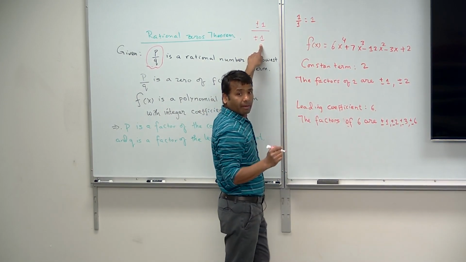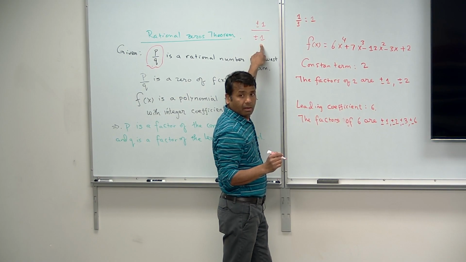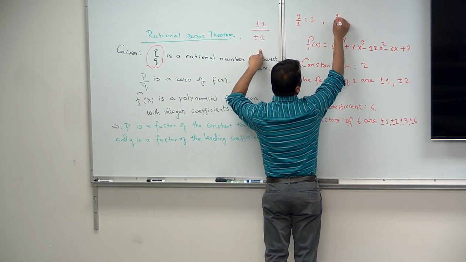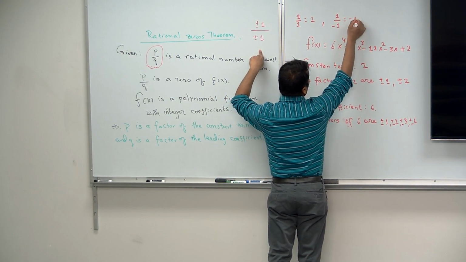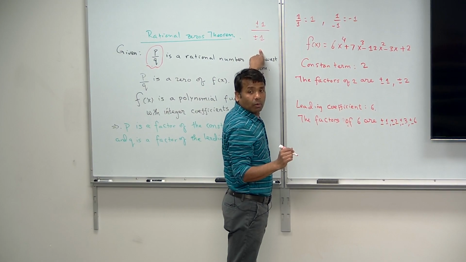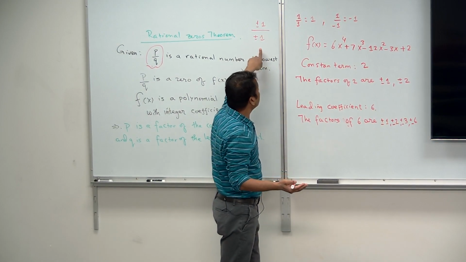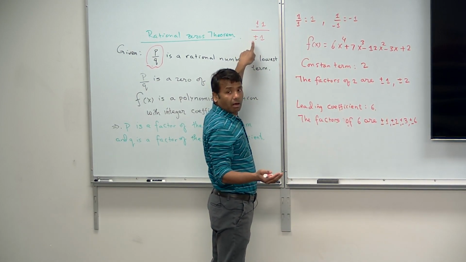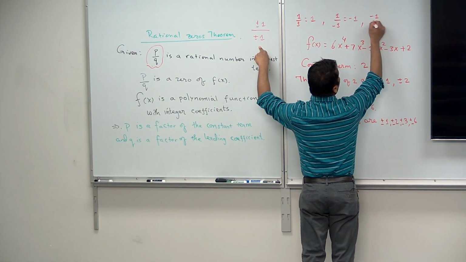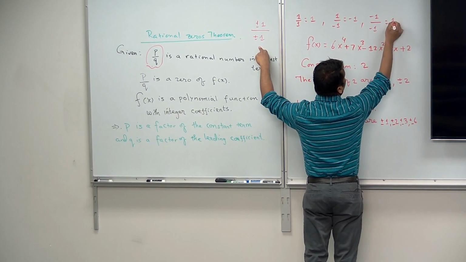Are you with me? If you take positive 1 on the top and negative 1 on the bottom, that will give you negative 1. Is that right? And what are the other possibilities? Pick negative 1 on the top and negative 1 on the bottom, that will give you positive 1.